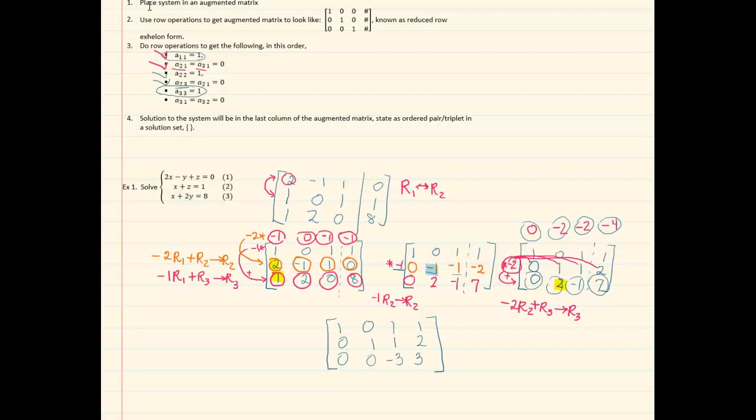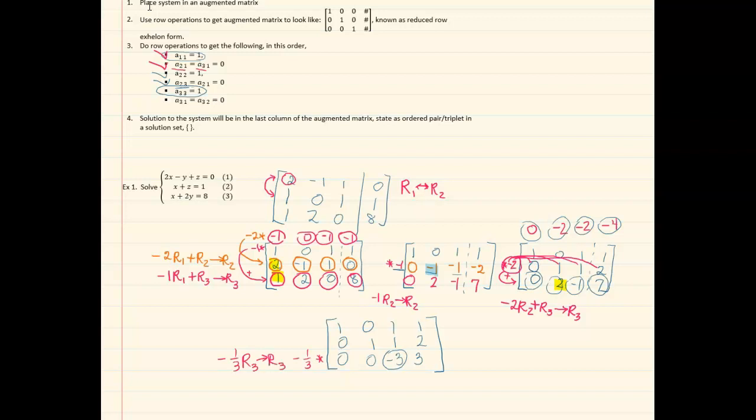We want to get this guy right here to be a 1. So I am going to multiply by a negative 1/3 for row 3. So I'm going to do negative 1/3 of row 3 and place it into row 3.